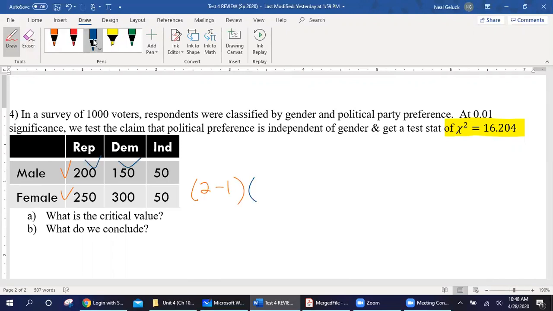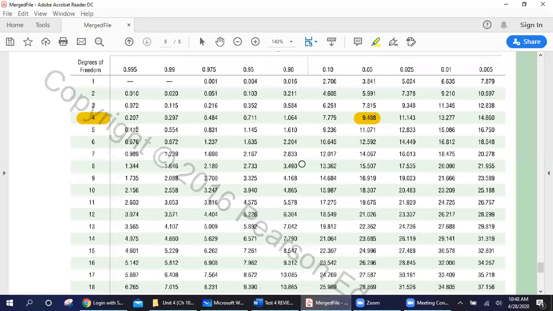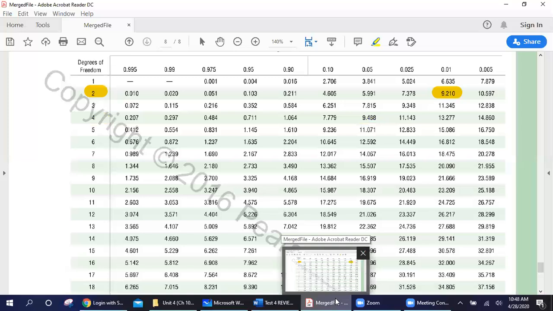There are 1, 2, 3 columns of data. So that's really just going to give me 1 times 2. So 2 is my degrees of freedom. This is 0.01 significance. So for this one, 2 degrees of freedom all the way over to 0.01. 9.210 is my critical value.